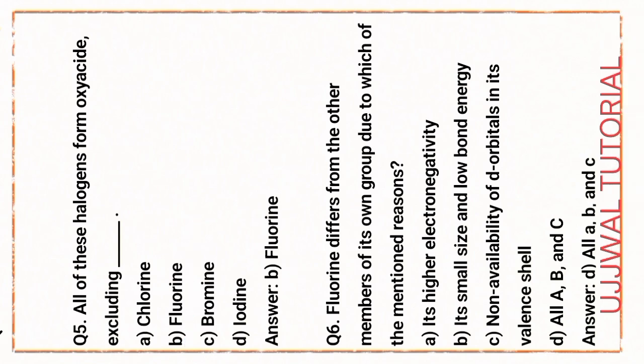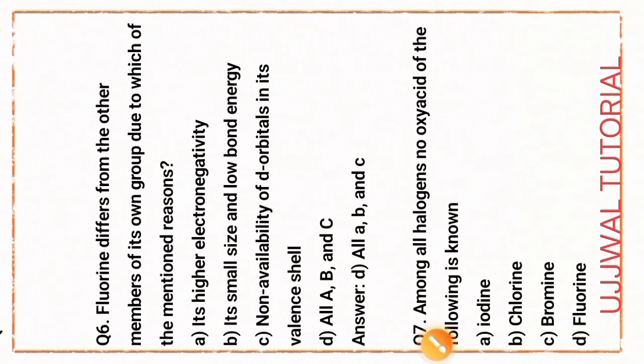Next, question number 6: fluorine differs from the other members of its group due to which of the mentioned reasons? Options A, B, C are right, so option D is the right answer.